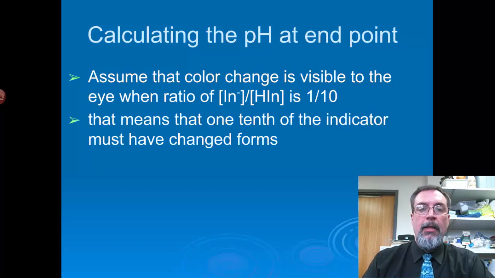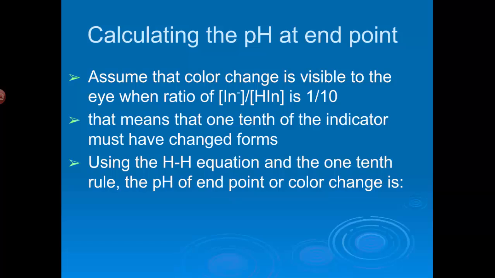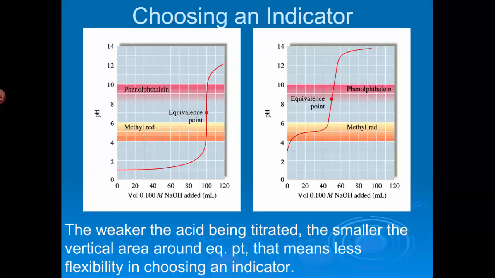So 1/10 of the indicator changes color, changes forms. That's when we can see it. So using the Henderson-Hasselbalch equation and that 1/10 rule, the pH of the endpoint of the color change is pK plus or minus 1.